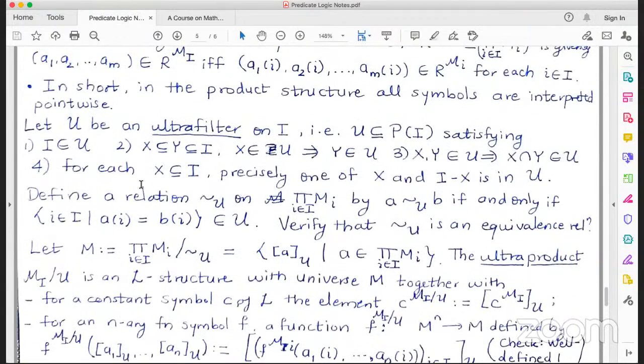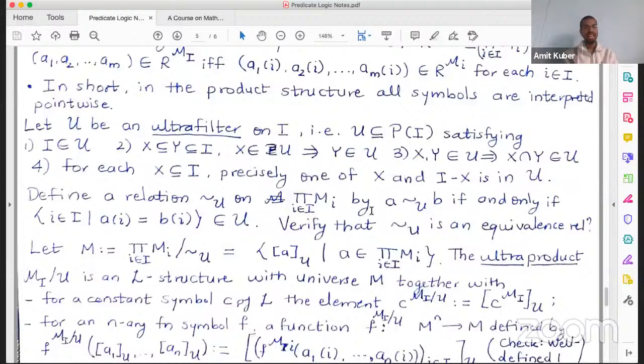Okay, so you define a relation on this product with respect to an ultrafilter by saying two choice functions, or two sequences indexed by I, however you want to look at it, are equivalent if and only if the set of indices on which they agree is large.